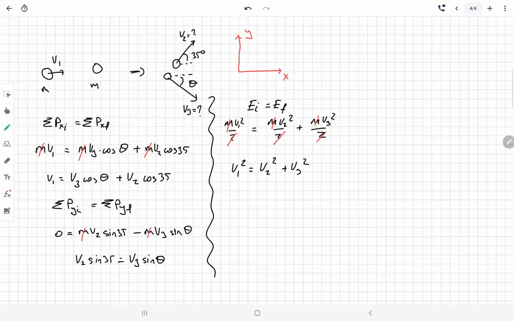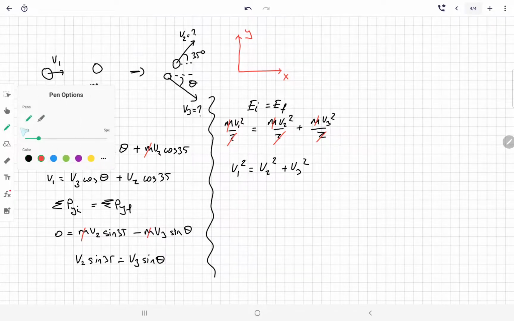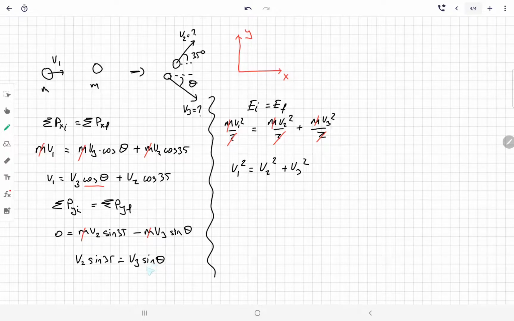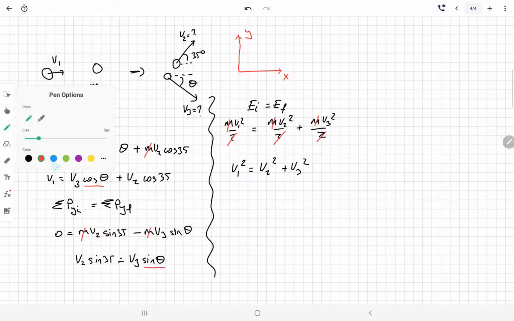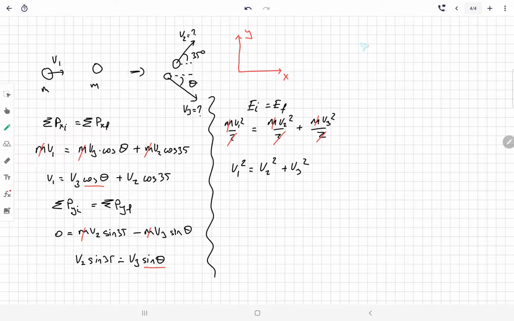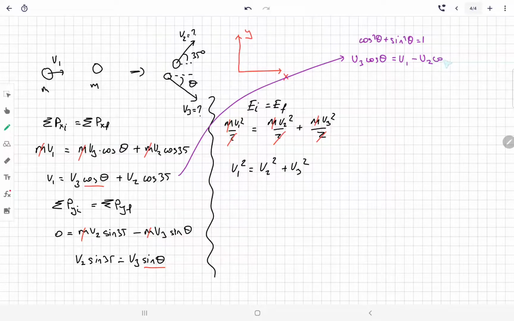Now we should think about how to solve this problem. Here I can see cosine theta and sine theta, and from trigonometry we know that cosine squared theta plus sine squared theta equals 1. Let me apply it here. From the first equation, v3 cosine theta equals v1 minus v2 cosine 35.